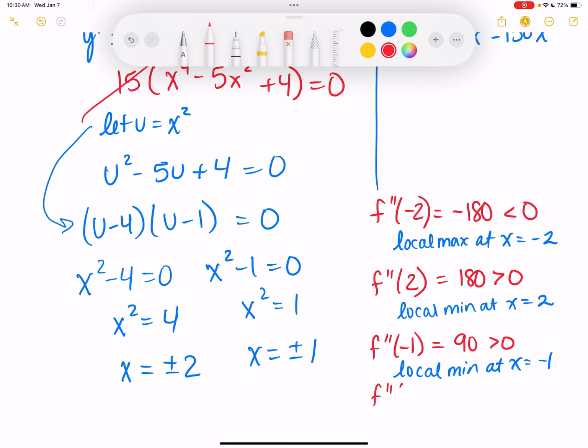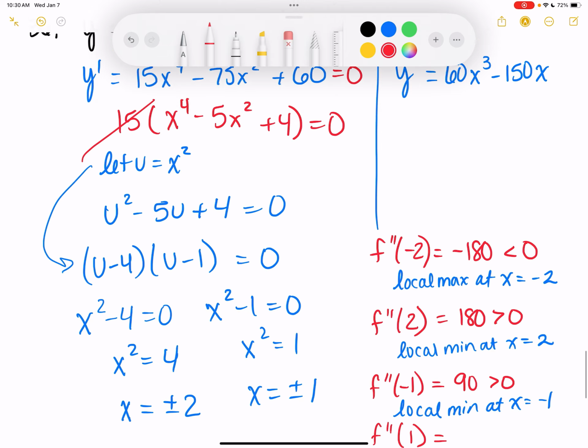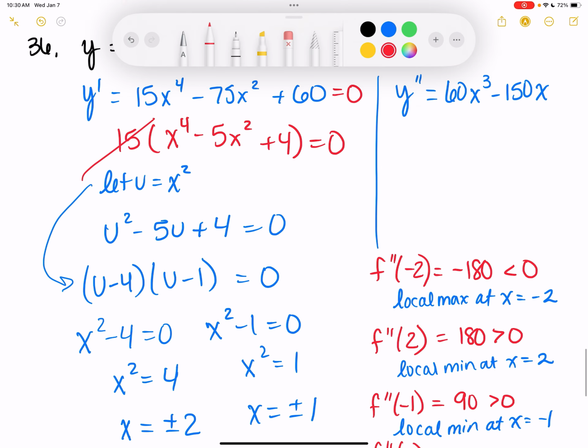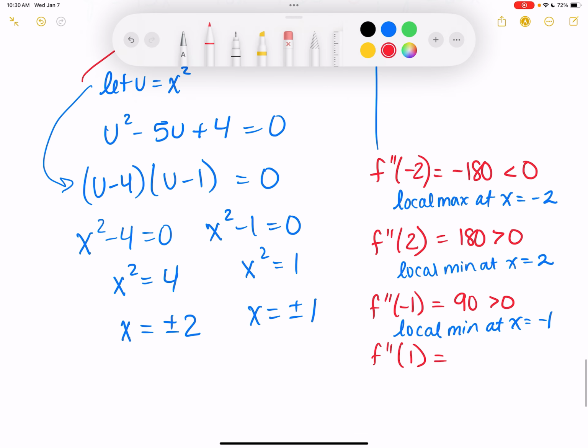And then f double prime of 1. If I plug in positive 1, I'm going to get 60 minus 150, so that's negative 90, which is less than 0, so that means that that is a max at x equals 1.